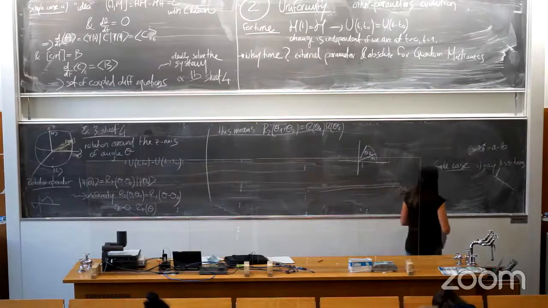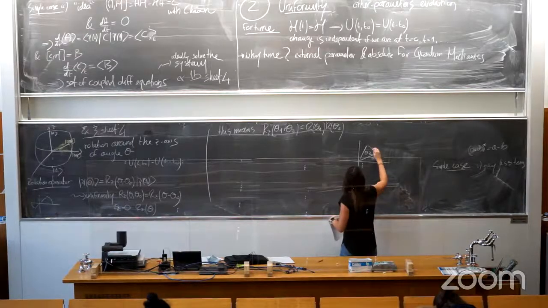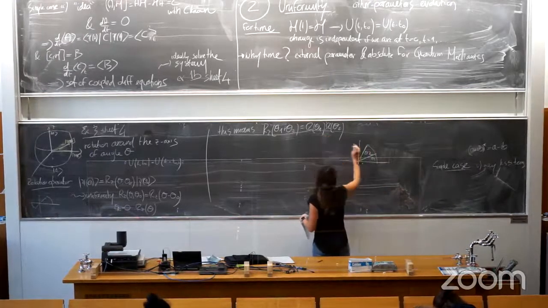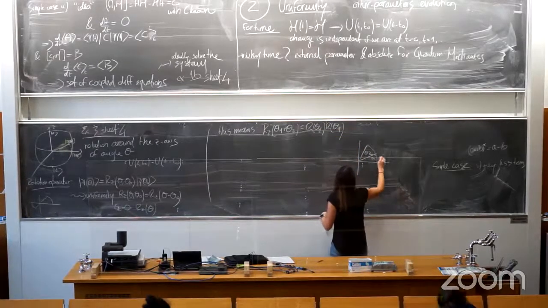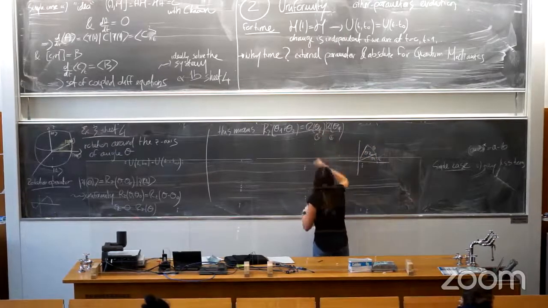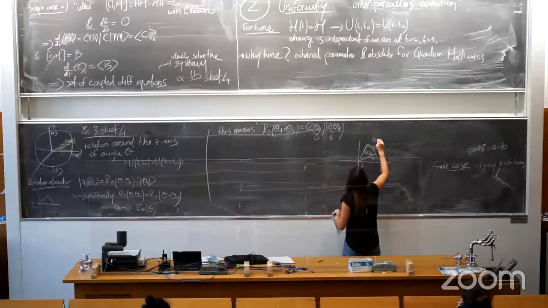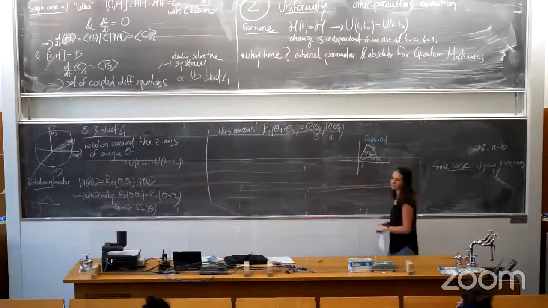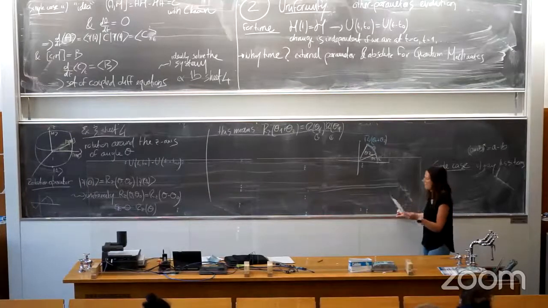So this is 1 and this is 2, and these would be theta 1 plus theta 2. Is that clear? So this is the uniformity condition, or it follows from the uniformity condition.